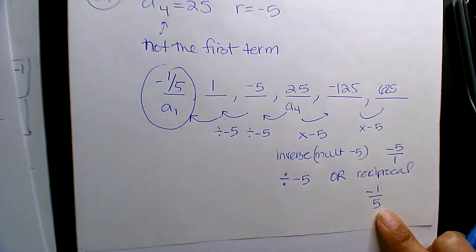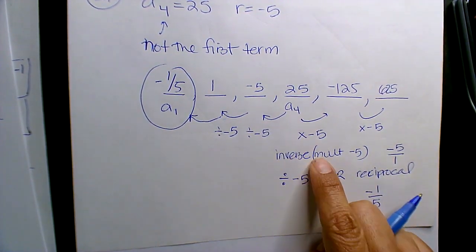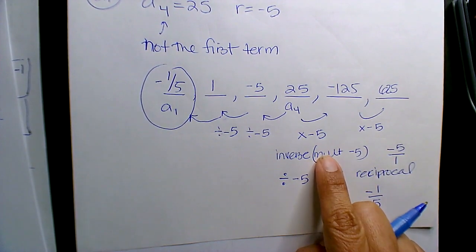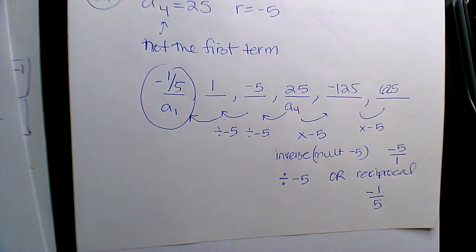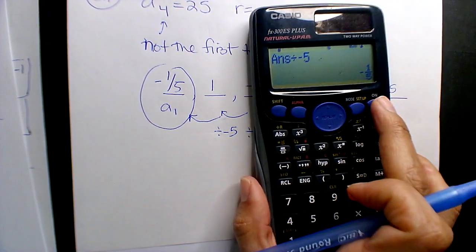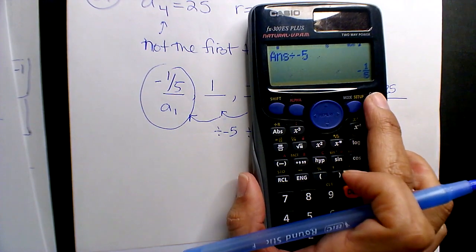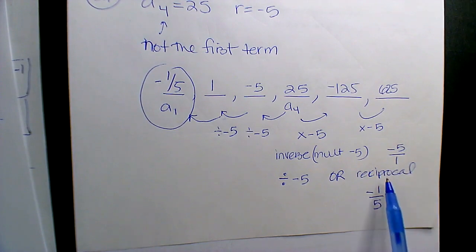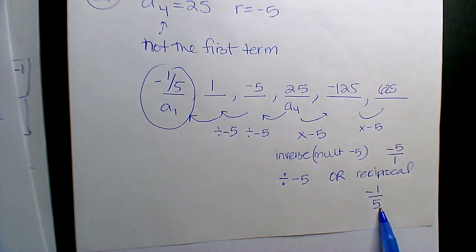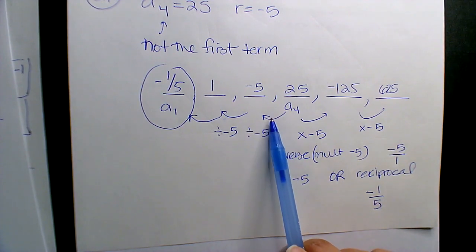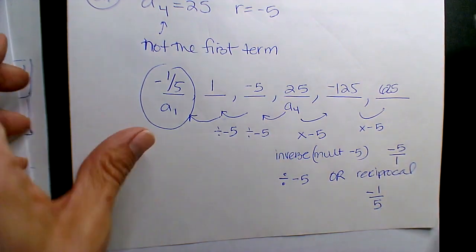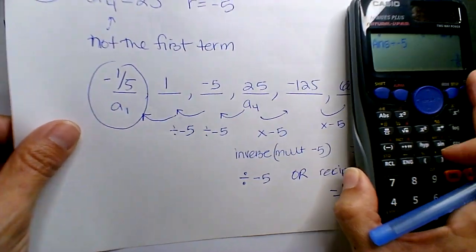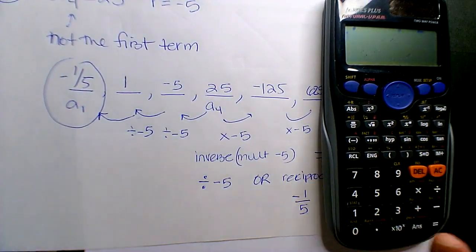-1/5. So, if you want to inverse the operation, multiplying, you can divide by -5. If this suits you, and you're happy going divide by -5, divide by -5, yes. But it's also the same thing as reciprocaling, and so -1/5. So in one way, you're also multiplying by -1/5. For those of you that see it this way, if you're happy with divide by -5, then stick to that.